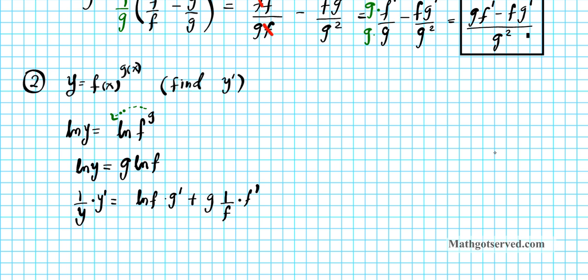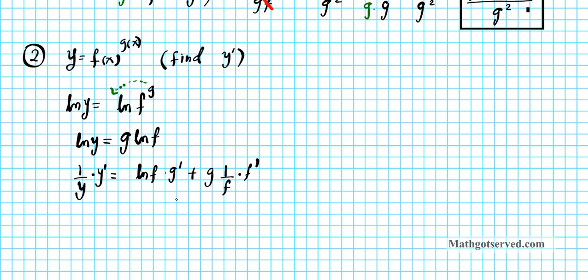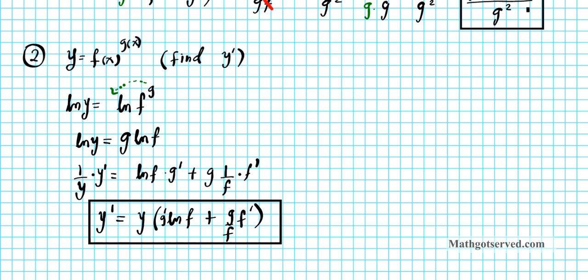And then finally, what I'll do is just multiply both sides by y, so I'll have y prime equals y times, g prime times ln f plus g over f times f prime. Okay, so this is basically the whole procedure for applying logarithmic differentiation to functions that are powers.